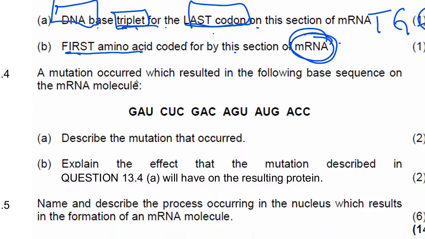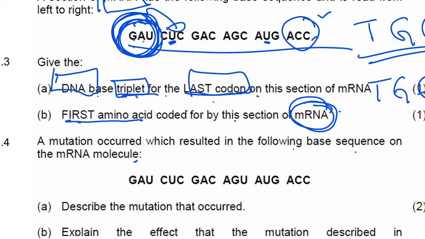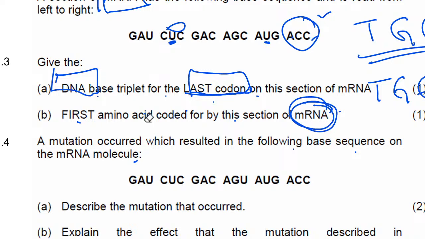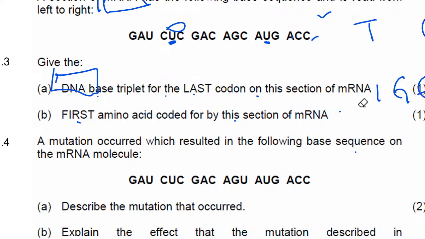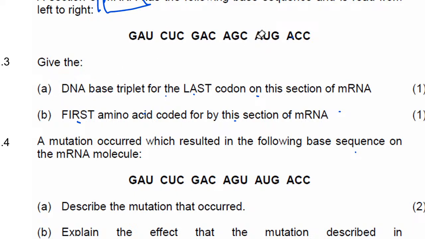A mutation occurred which resulted in the following base sequence on a messenger RNA molecule. They're saying that a mutation occurred, and now we need to find out where the mutation occurred. I told you that when it comes to mutations, stories will start.